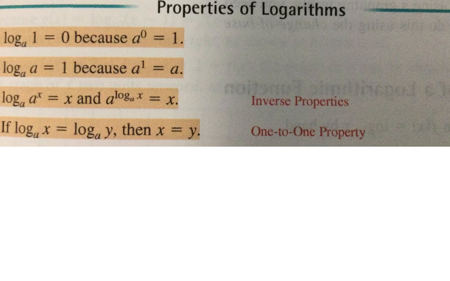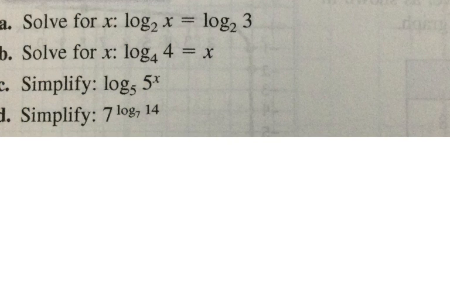X is equal to y. Properties. So when I look at A, it says log base 2 of x is equal to log base 2 of 3. So because I have log base 2's on both sides, they can cancel, which tells me x must be equal to 3. Questions on A part?